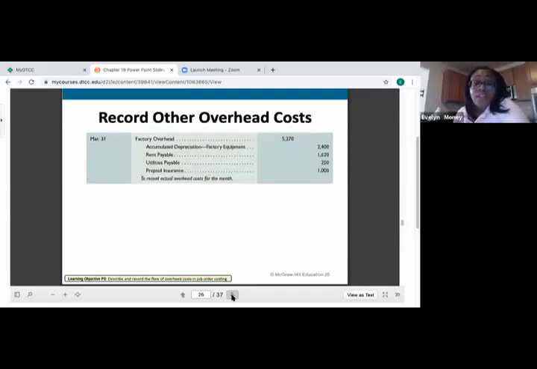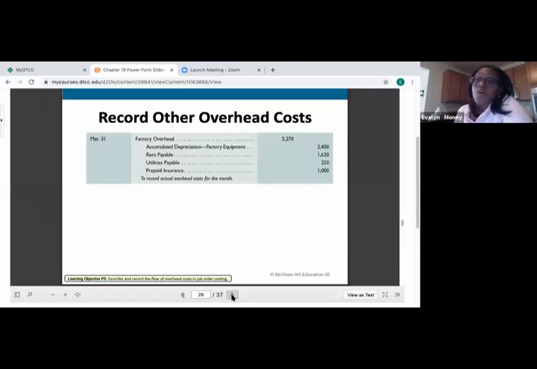And then for all of the other factory overhead items, like whether it's rent or utilities, we could really see a bunch of different credits here, which is why I like to use the term various accounts. So it's a generic term that's sort of my junk drawer for all of the different credits.